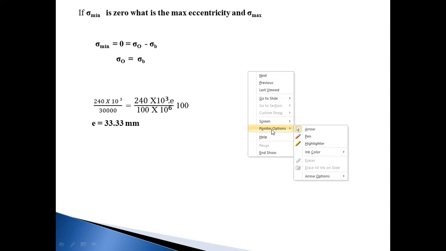Now one more condition is there. Suppose sigma minimum value is 0, then what is the maximum eccentricity and sigma max? So sigma minimum becomes 0. It means sigma 0 minus sigma b is nothing, it means sigma 0 is equal to sigma b.